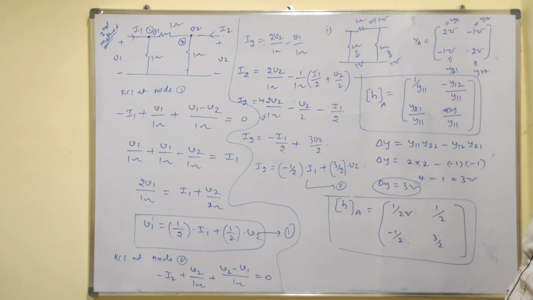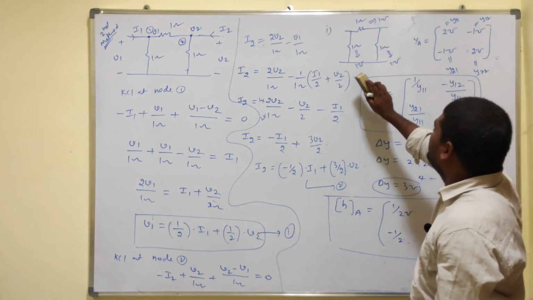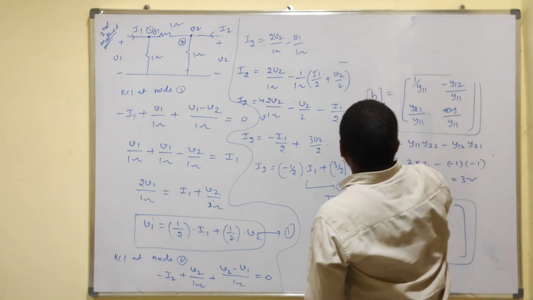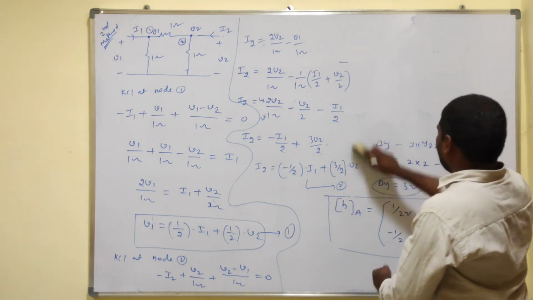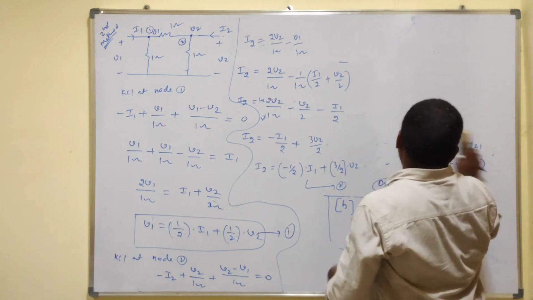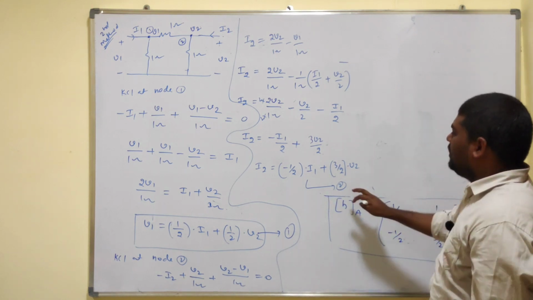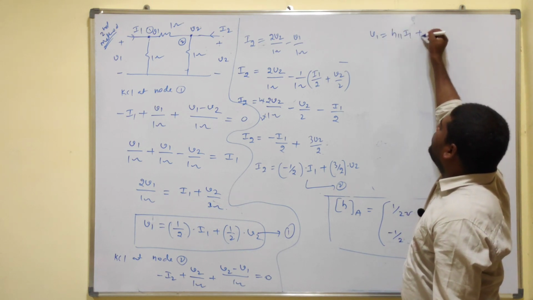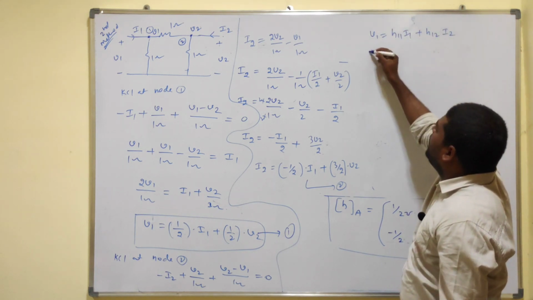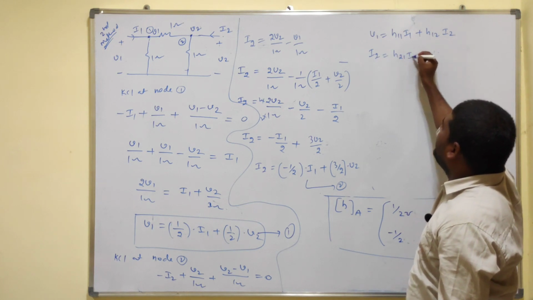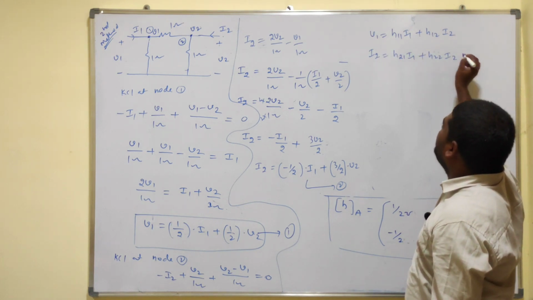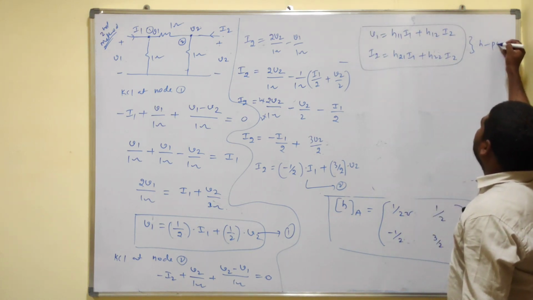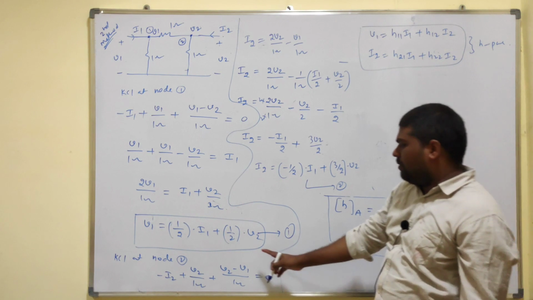Next, just observe: V1 equals H11 I1 plus H12 V2, I2 equals H21 I1 plus H22 V2. These are the actual H parameters. Now you can write your equations.